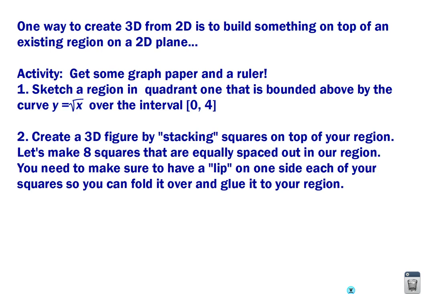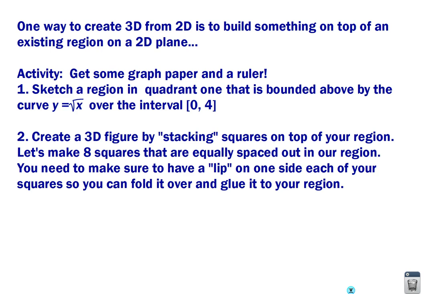To create this 3D figure, you're going to "stack" squares on top of your region. They're not really going to be stacked, they're going to be taped or glued to your piece of paper. You're going to use 8 different squares that are equally spaced out. If you start at 0 and go up to 4, I'll let you do the math and figure out how far apart they need to be. And each one of those squares, you're going to want to have a little lip on each side so that you can glue it to your paper.